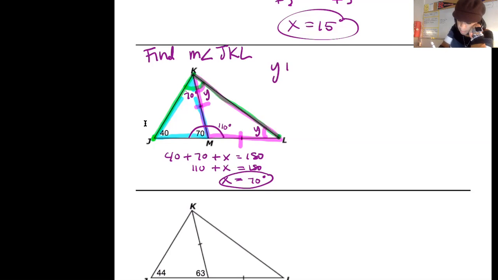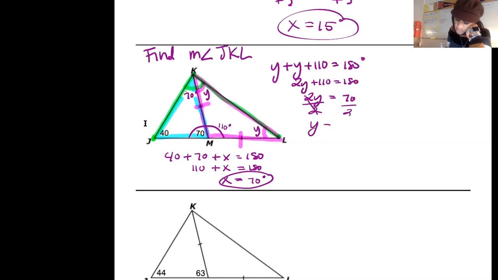So y plus y plus 110 is going to equal 180 degrees. 2y plus 110 equals 180. 2y is going to equal 70 because you subtract 110 on both sides. Divide by 2, y equals 35 degrees.